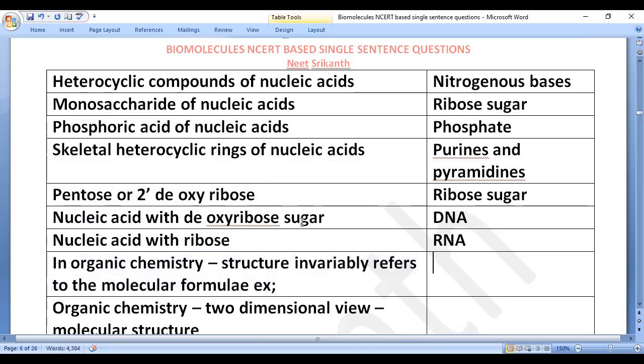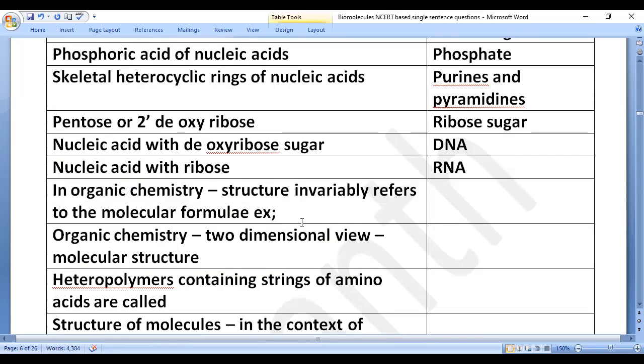In inorganic chemistry, structure invariably refers to the molecular formulae, for example sodium chloride and magnesium chloride. In organic chemistry, it is the two-dimensional view of molecular structure, for example benzene and naphthalene.